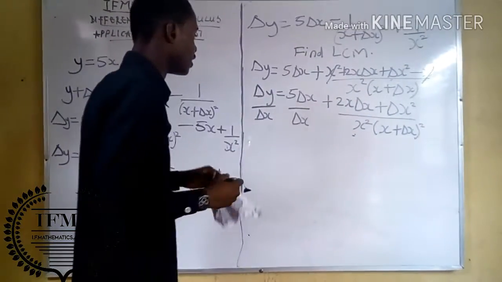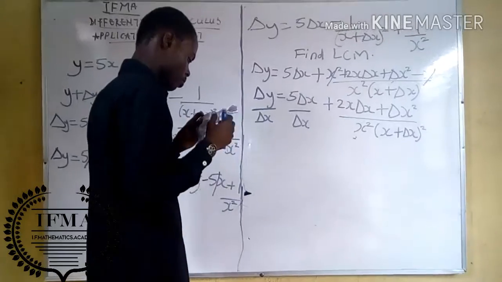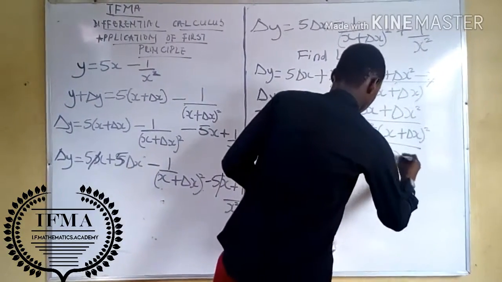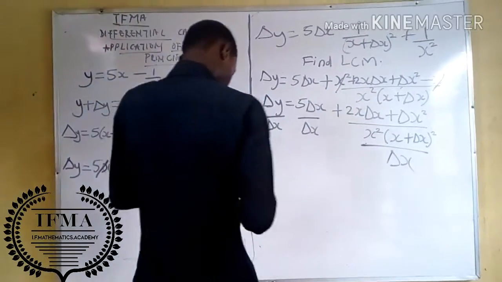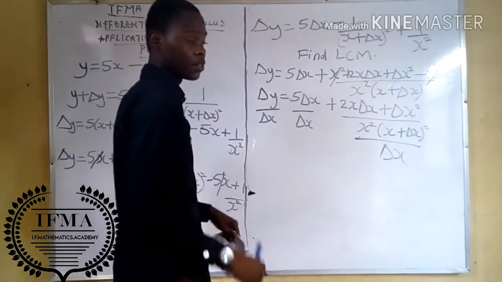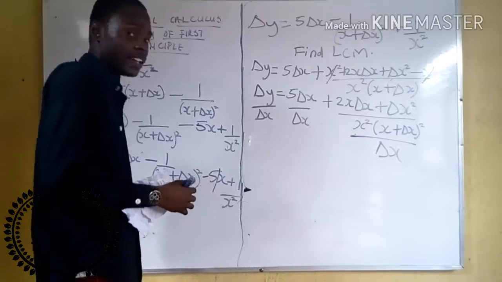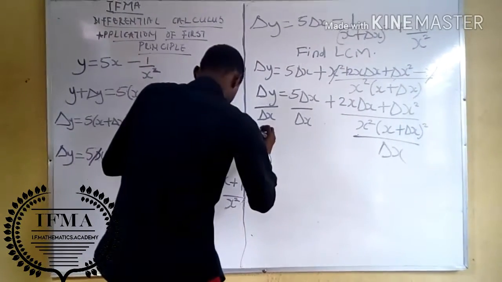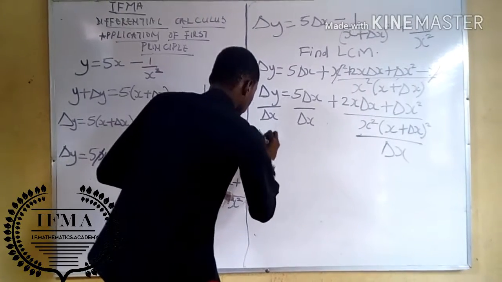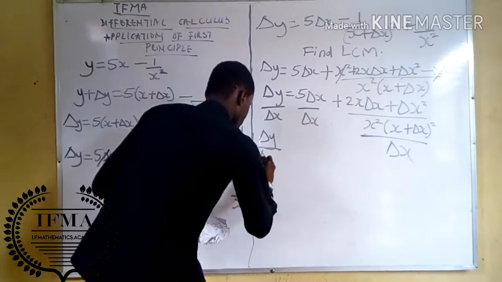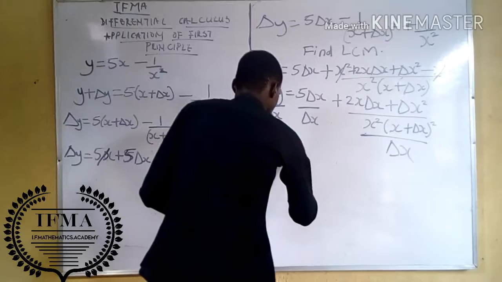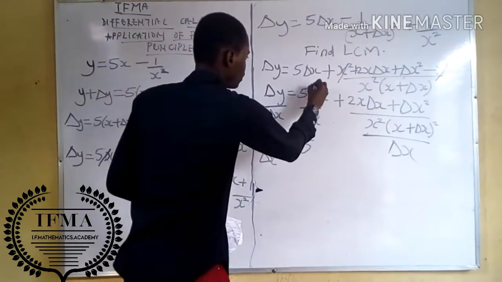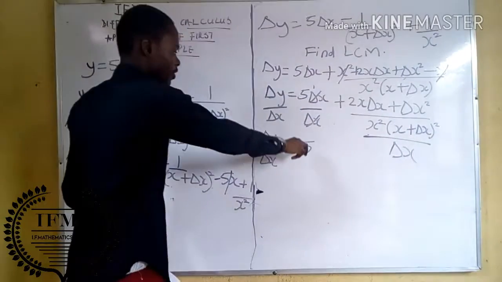So now after dividing both sides of the equation by the change in x, we have y, because this leaves 1. 1 multiplied by 5 is 5.